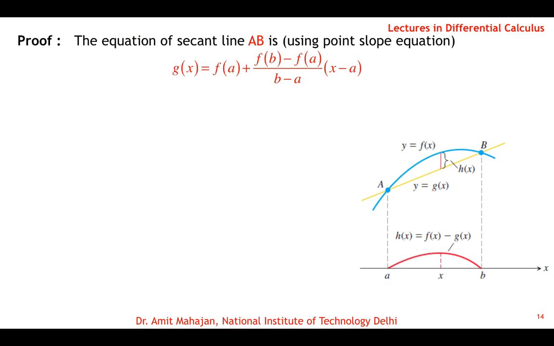Let there be a curve y equals f(x), and say there is a point A and a point B, so the corresponding points are marked as A and B. The equation of the secant line AB we can write by the point slope equation as y is equal to y1 plus the slope of the secant times (x minus x1).